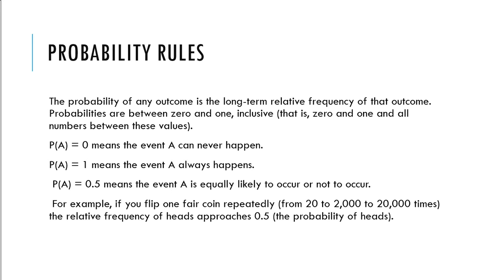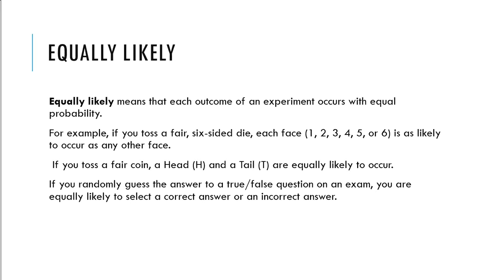If I keep flipping that coin 20,000 times, the probability I'm going to get heads is 0.5, because it's 0.5 to get heads, 0.5 to get tails. So the larger the number of times that you complete an experiment, the closer it's going to get to its true probability.